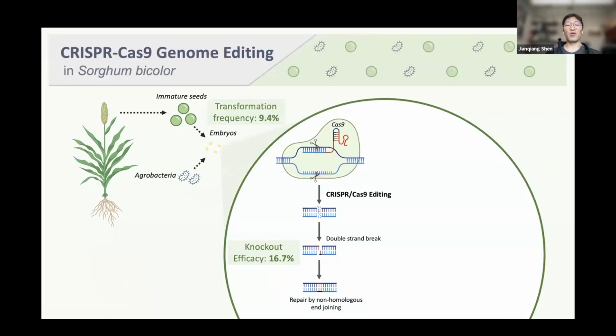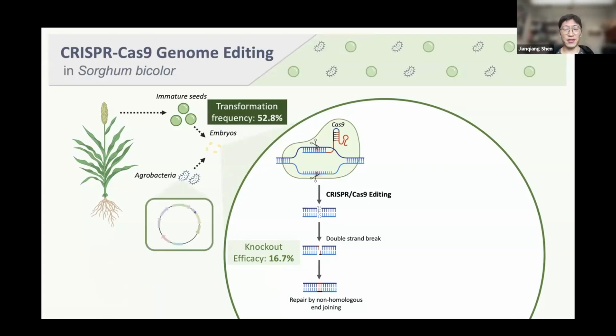And it not only reduced the regeneration time, but also improved the transformation frequency from less than 10% to more than 50%. Another great thing is that it also reduces the genotype dependency, at least in sorghum and maize, which is great.